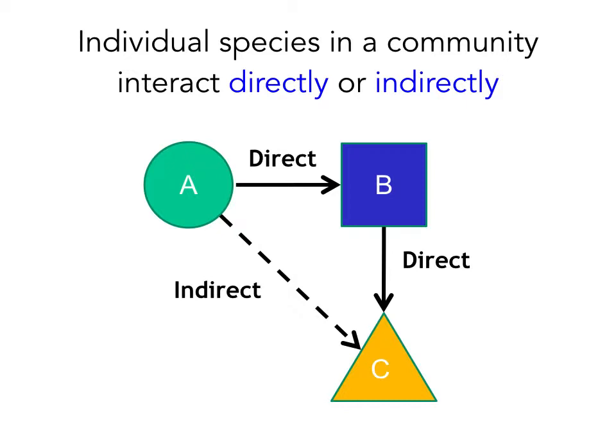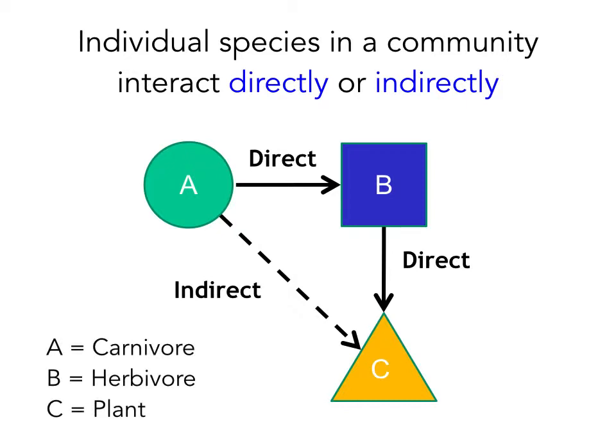And in multi-species communities that have many different interactions going on simultaneously, there are many different direct and indirect interactions. So like I said, if we imagine that A is a carnivore, B is an herbivore, and C is some autotroph, plant species, let's say.